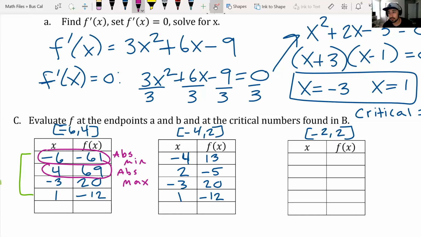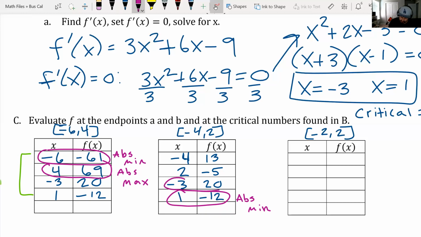Again, let's look at the y values. What is the smallest y value and what is the largest y value? Those will give me my absolute maximums and minimums. So my smallest y value is -12. So at 1 and -12, that will be my absolute minimum. And then look for the largest y value.